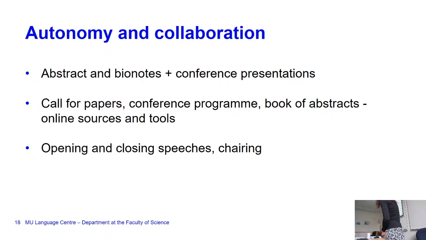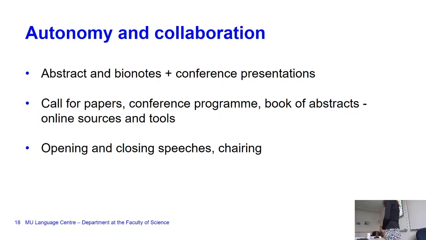At the same time, they collaborate on activities related to conference organization. So it means they prepare a call for papers, then a conference program and a book of abstracts. A call for papers should be authentic, therefore the students search the internet to find examples of calls for papers relevant for their fields, just to see which parts should be included.